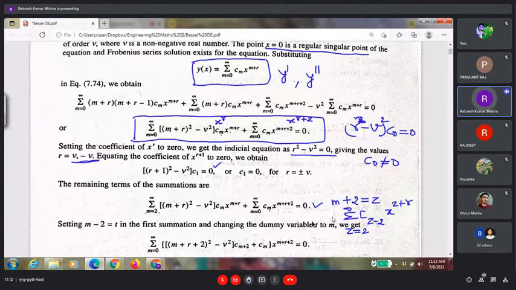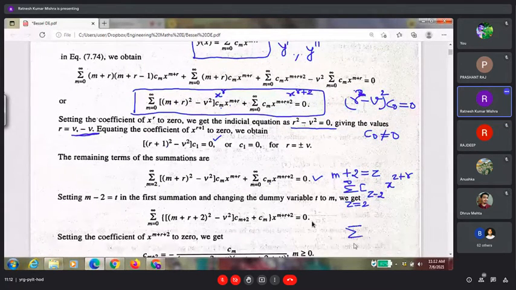And since z is a dummy variable, so m equal to 2 to infinity c_(m minus 2) x to the power m plus r.